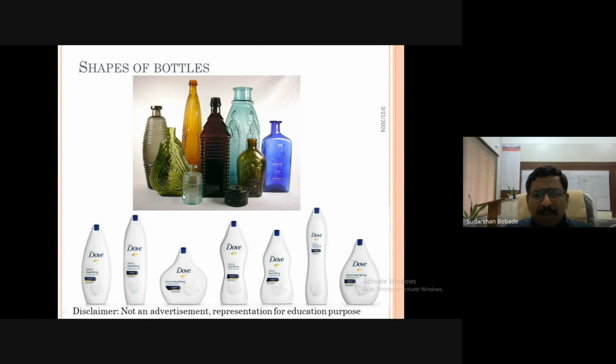We are all aware of this particular company, and they have their particular design in terms of the packaging system with different shapes. These are also different shapes. So this will be registered with the design office, and this application will be granted if the shape is not available anywhere else under the jurisdiction of the governing authority.